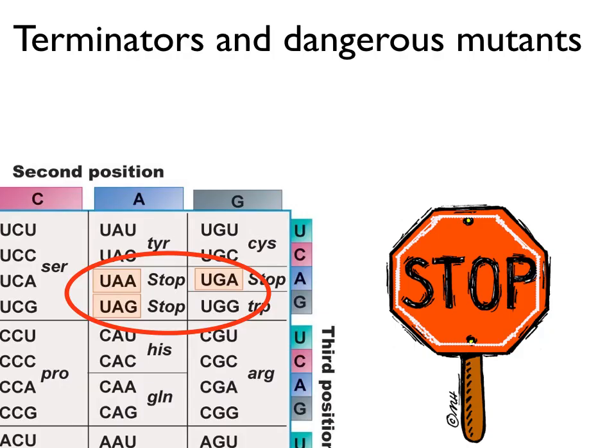Now, one of the possible exceptions to changing a third nucleotide position in a codon that would not have much effect is a change that would result in a stop codon, okay? So some of these changes could have serious effects, and we will talk about these down the road.